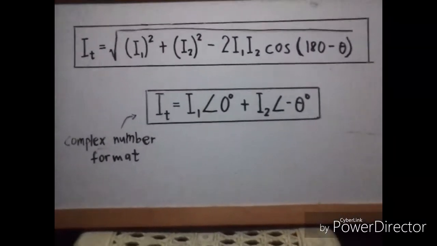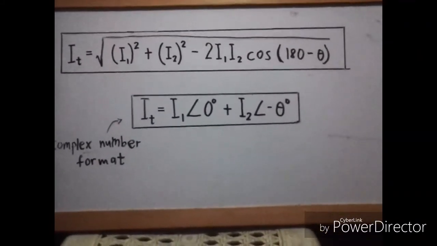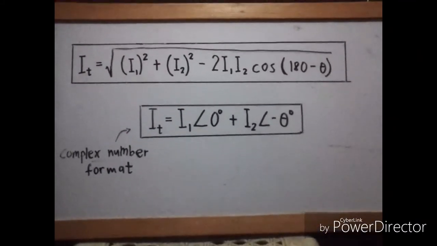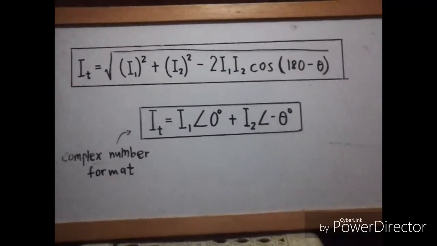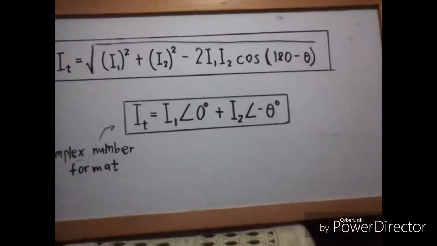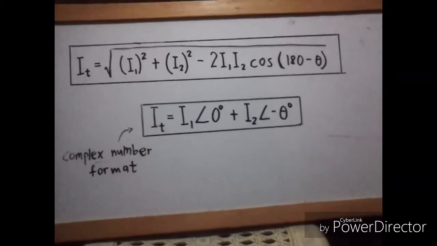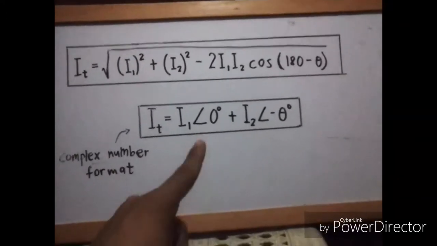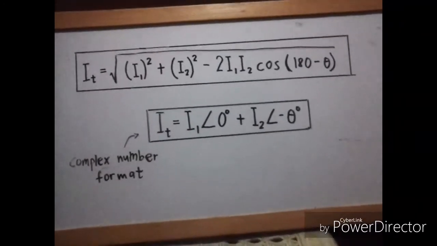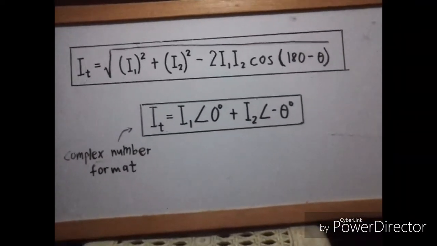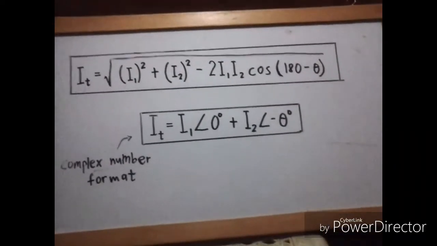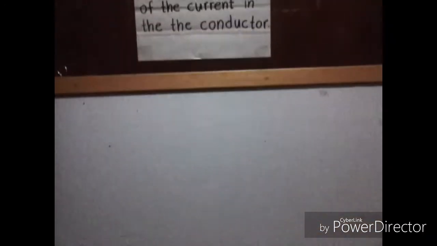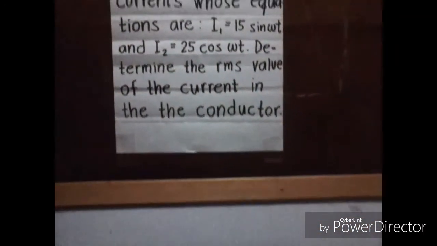The complex number format is IT is equal to I1 angle 0 degrees plus I2 angle negative theta degrees. I will show you later how to use this to have a quick calculation with your calculator. Let's test our understanding of the concept with a couple of problems.